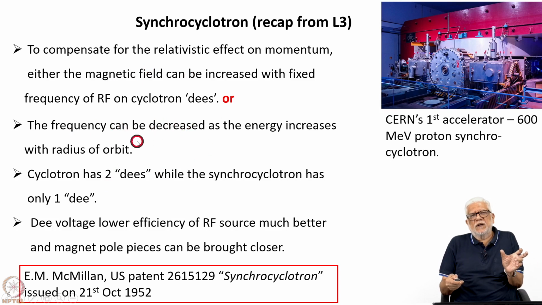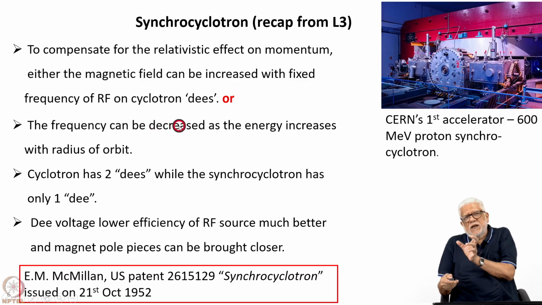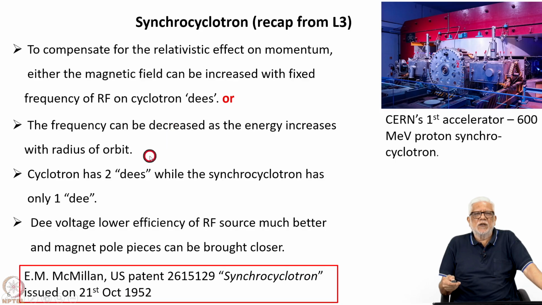So for some period when the frequency is decreasing, that beam bunch is getting accelerated. But you can get fairly high energies, and in fact the first accelerator at the CERN machine in Geneva was actually a 600 MeV proton synchrocyclotron. And there were several at that time, one in Orsay, and several elsewhere.